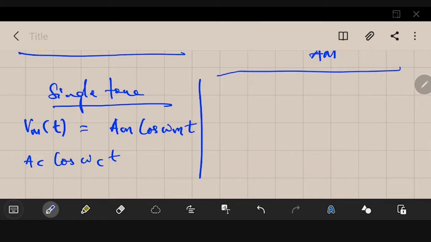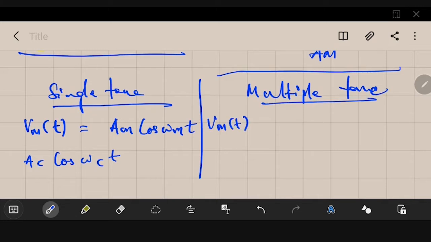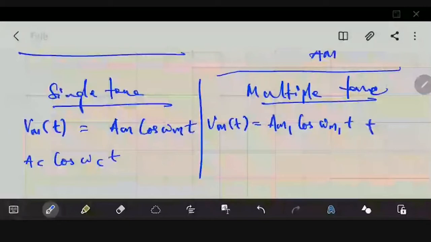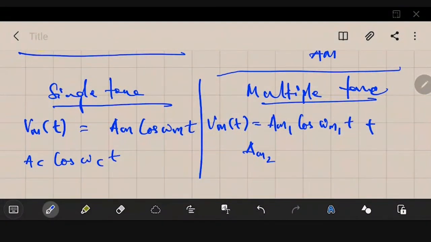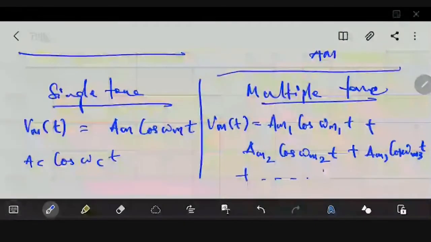When we are talking about multiple tone, or multitone, you will find that your Vm of t will have multiple frequency components, which means your Vm of t can be written as am1 cos omega m1 t, plus am2 cos omega m2 t, plus am3 cos omega m3 t, and in this way it should go on up to amn cos omega mn t.